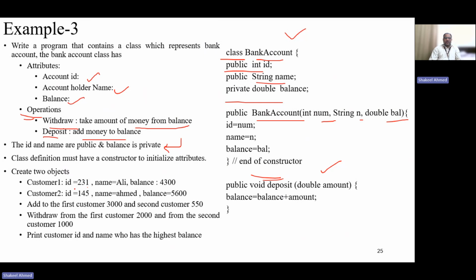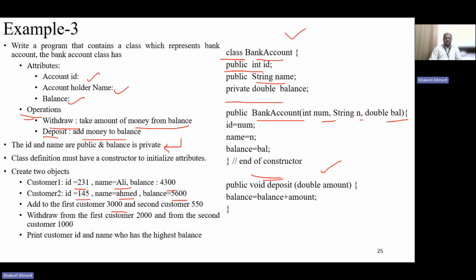Now you have to make a constructor with the ID and name, and this is the balance. Now you can add the first customer with a balance, and the second customer with these values. Add 3000 to the first customer, and to the second customer as well, because whenever he makes a deposit, the new balance will be equal to the balance you have plus the amount.